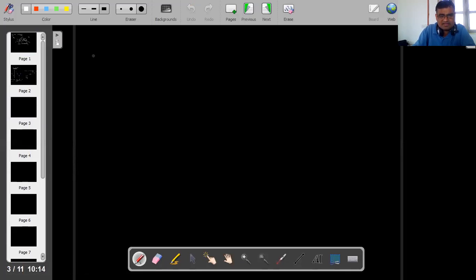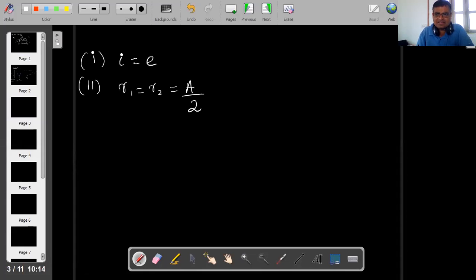Number one, I is equal to E, always at minimum deviation. Second, R1 is equal to R2, that is equal to A by 2, half of the refracting angle of the prism.